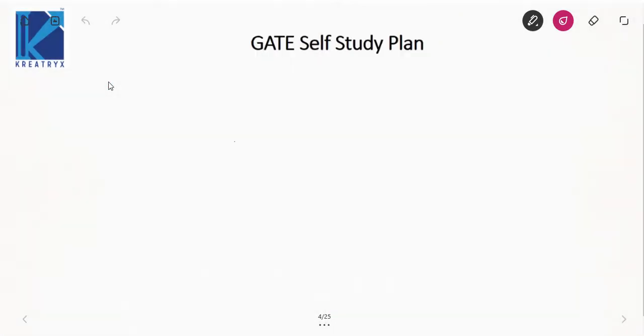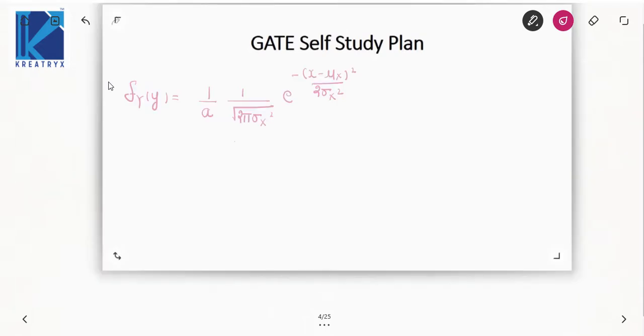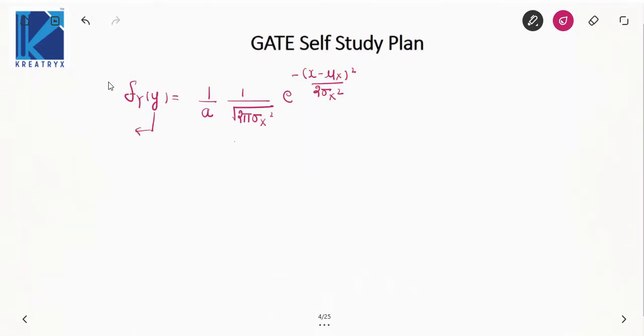Now we'll put all these values. So fy of y becomes 1 by a, 1 upon under root 2 pi sigma x square e power minus x minus mu x whole square divided by 2 sigma x square. But we have to find out the PDF fy of y, which is a function of y, but here everything is written in terms of x, so we'll use y equal to ax plus b and we'll eliminate x by using the relation x equal to y minus b by a.